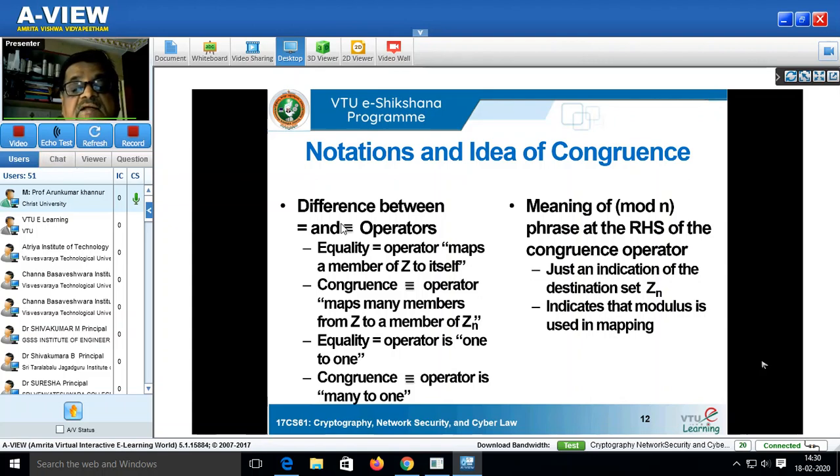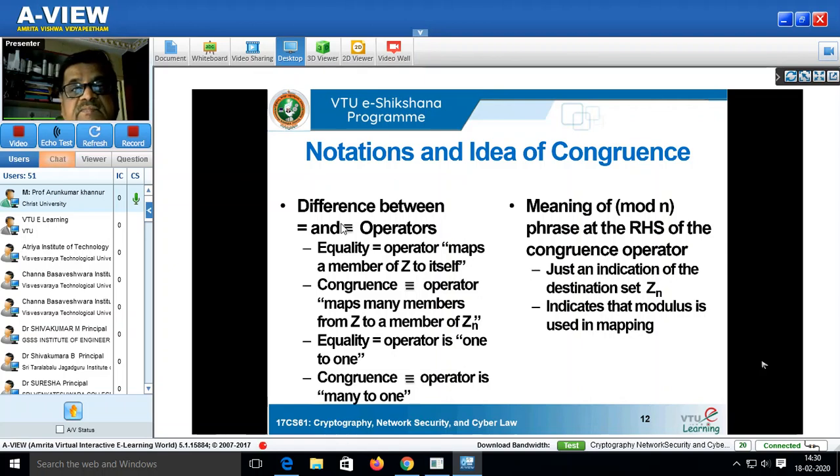It indicates that the modulus is used in mapping. When mod n is to the right side of the congruence operator, it indicates that there is a mapping taking place between the integer set Z and the residue set Zn.